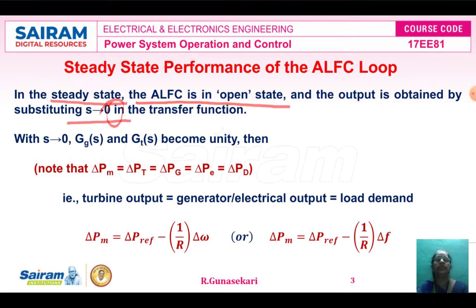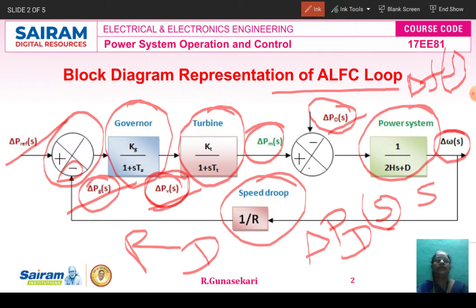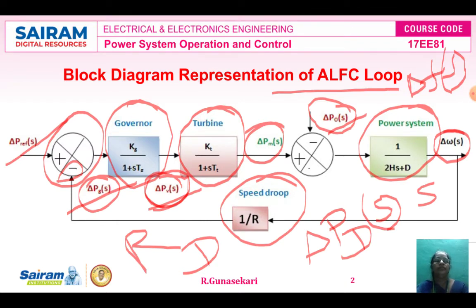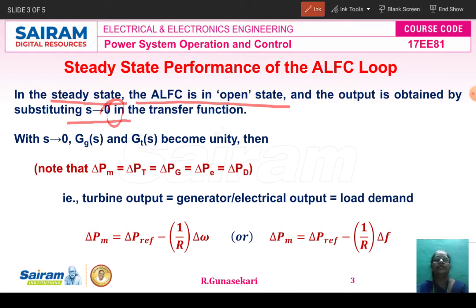You see, students, the previous ALFC loop is the closed loop ALFC loop. So in the closed loop we can substitute S equal to 0, meaning the ALFC is in the open state.